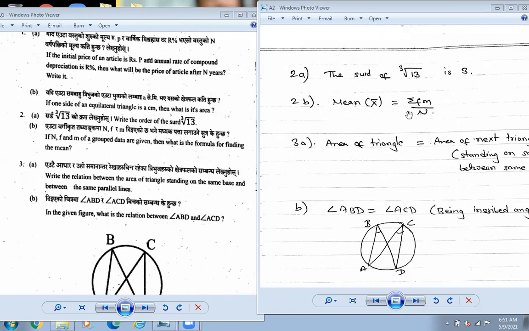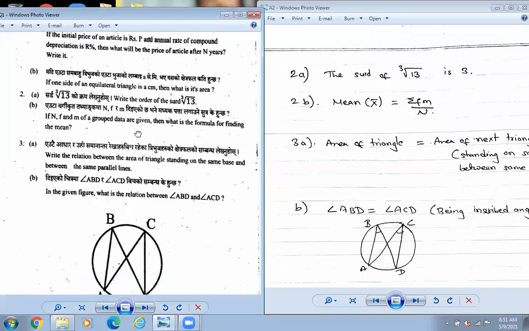So mean को formula summation x by n थियो, summation fx by n थियो, अर्को formula summation fm by n थियो. So if m दिएको छ भने summation fm by n लेख्दिने. So that will be your answer.